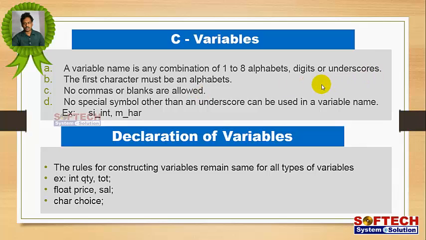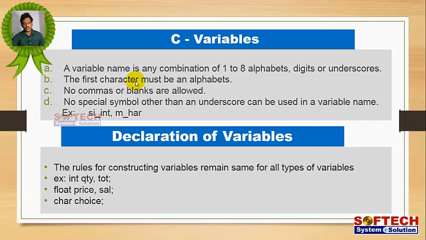Except underscore, no other special symbol is allowed. For example, SI_int, M_HRA: simple interest, monthly house rent allowance. So if we want to separate two words in a variable name, we use underscore. No other symbols are allowed to construct the variable name.